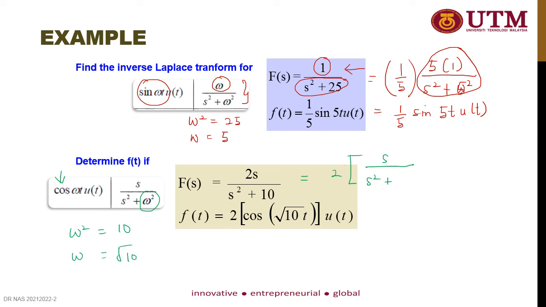So it is 10 squared. This is already in cosine shape, so it is equal to 2 cos(10t) u(t). So this is your f(t). With that, I end the first part of Laplace transform.